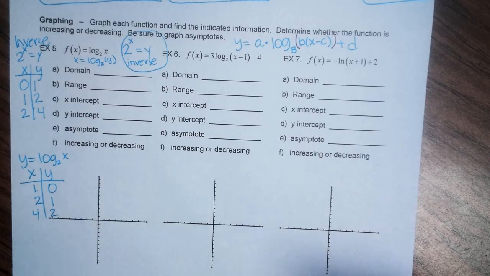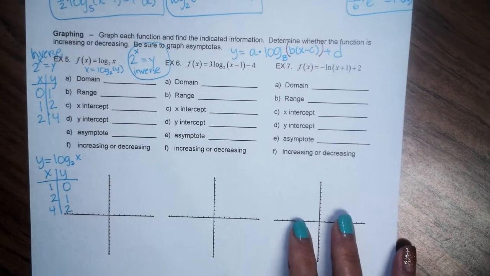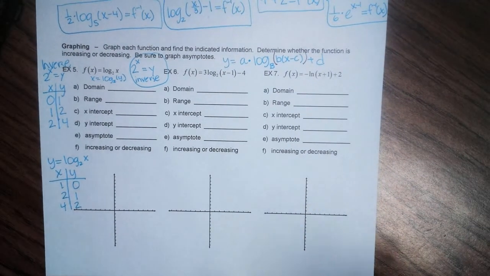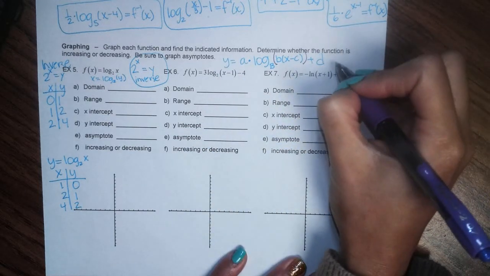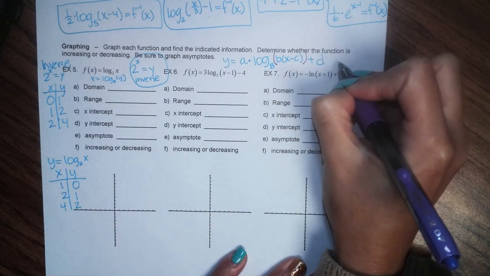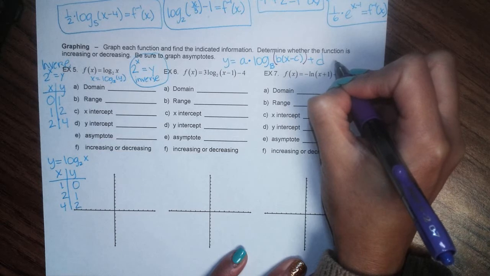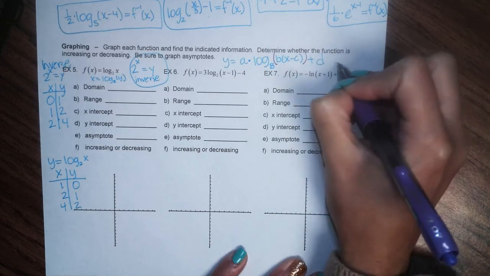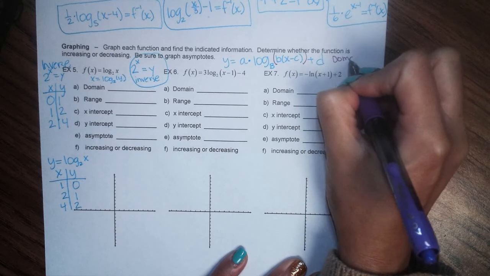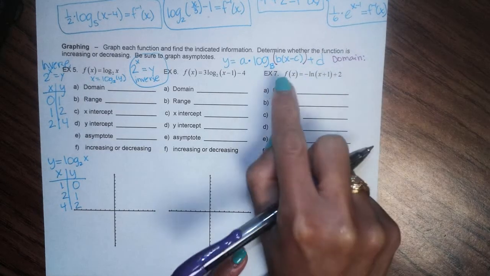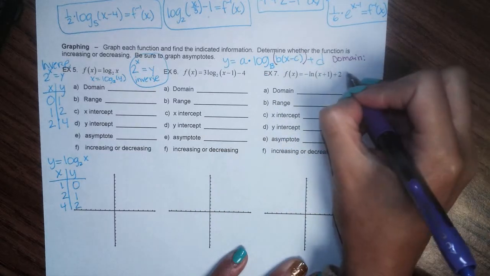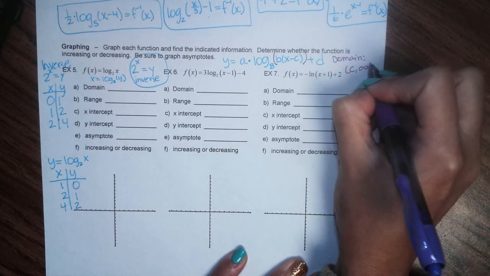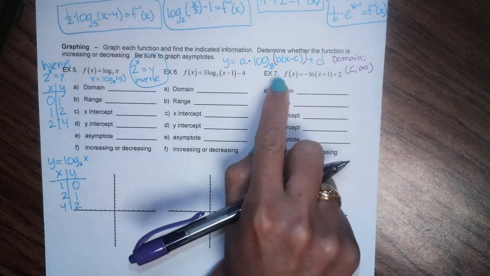A couple things I forgot to tell you about the logs. Let me give you the key features: domain, range, asymptotes. For the logs, the domain is going to be from c to infinity, as long as there are no reflections, and we'll try some.